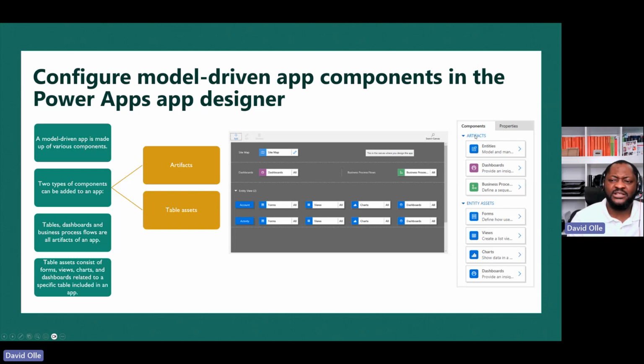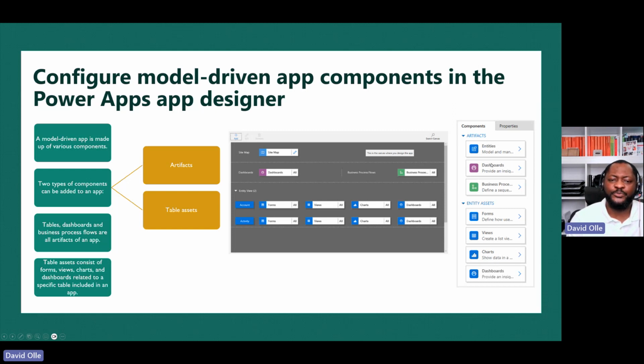On the right side, you see the artifacts and also the assets. The artifacts include entities, where you model your data. You have your dashboards, your business processes, forms, views, charts, and dashboards.